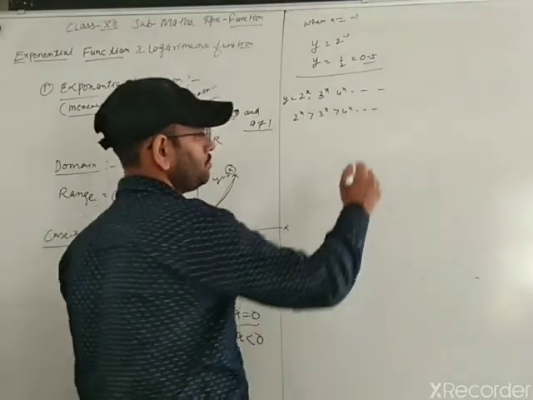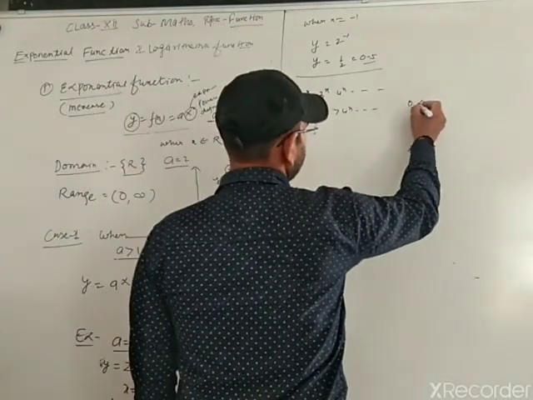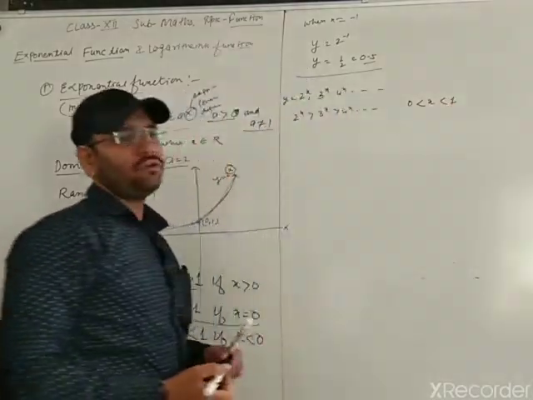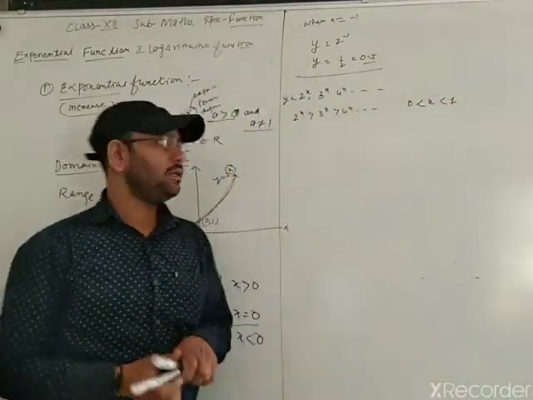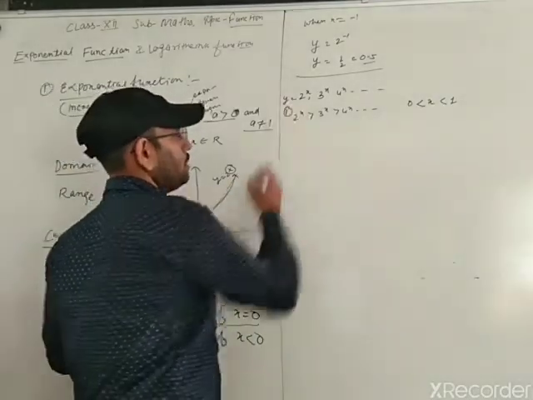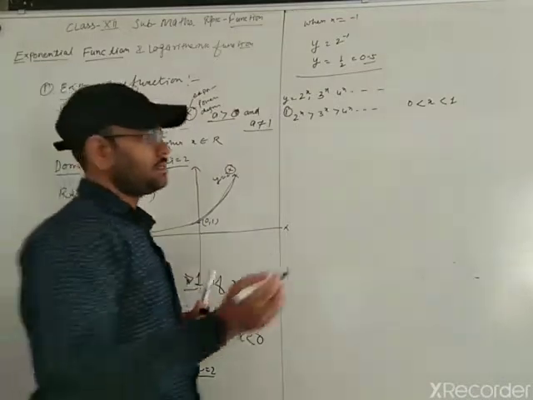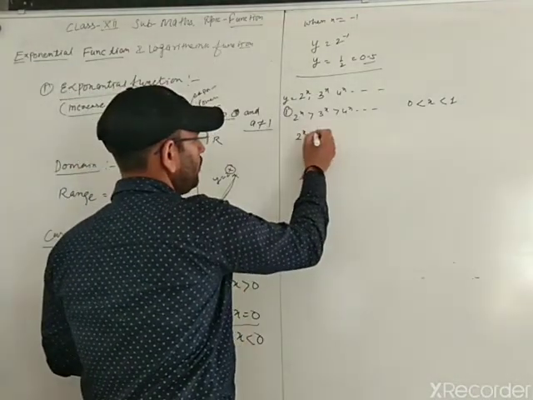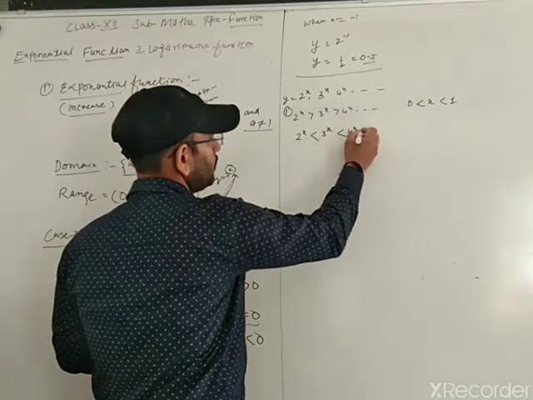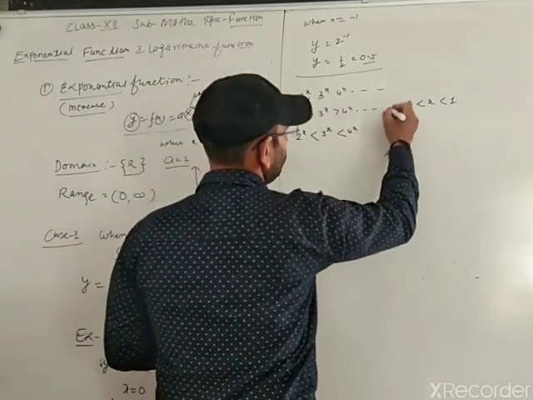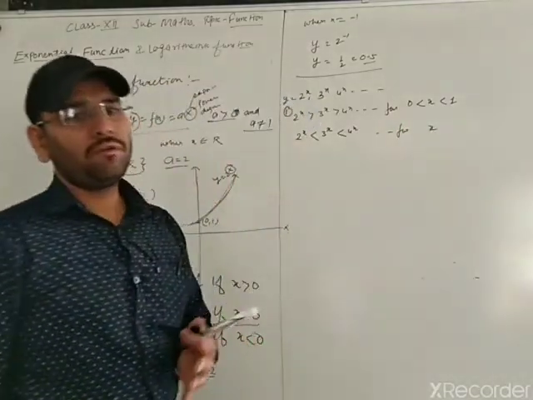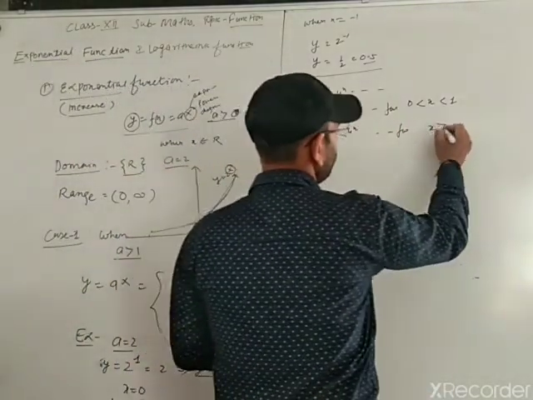Clear? When x is greater than 0 but less than or equal to 1, in that case this condition happens. Clear? Second case, 2 to the power x is less than 3 to the power x, less than 4 to the power x, when x is greater than 1.